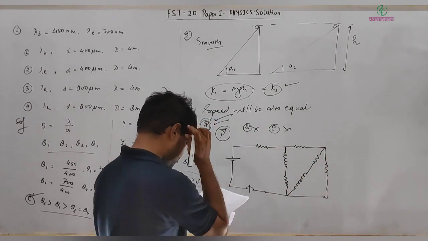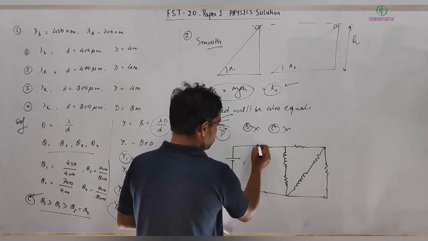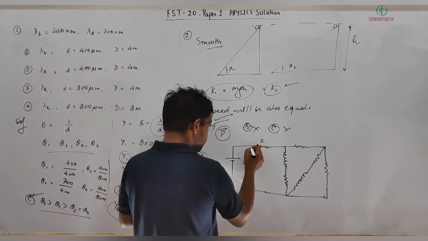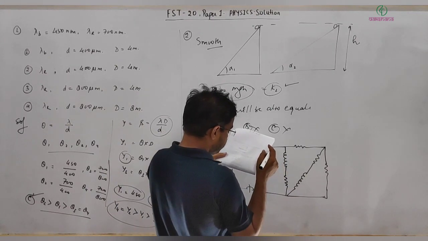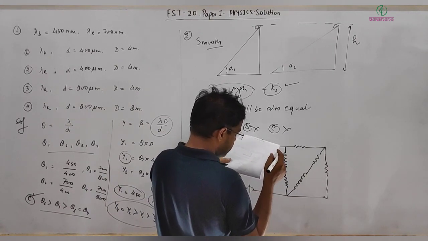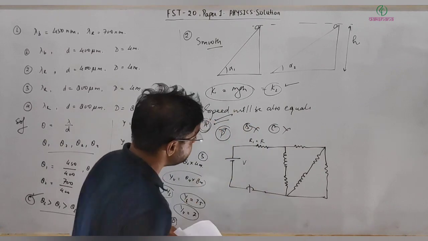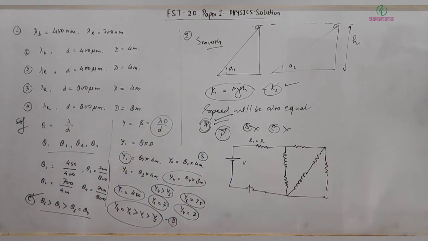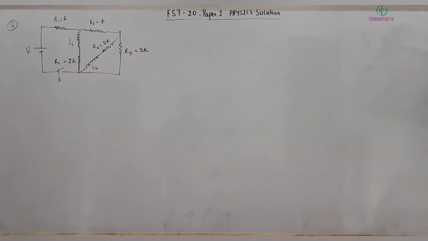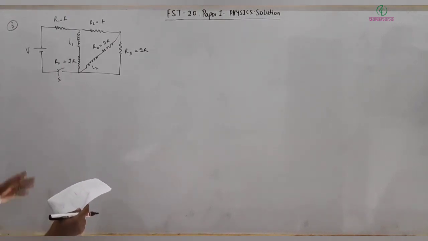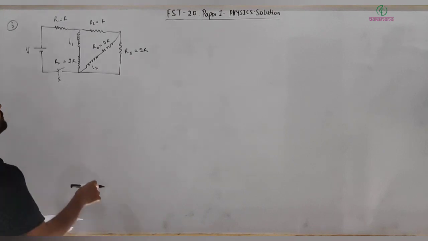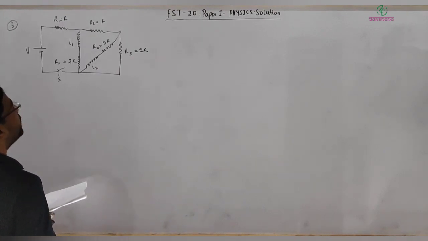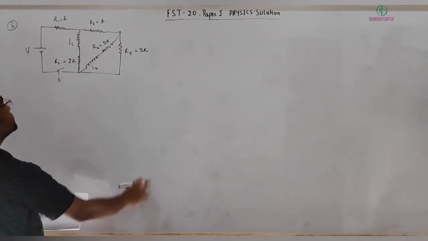So this is the system given, with EMF V, and R1 is equal to R. Things are not visible clearly, so let me just check it. Okay, so problem number 3 here. This is the circuit given: R1 is R, R2 is R, R4 is 2R, R3 is also 2R, and L1, L2 are two inductors, and this is the situation.